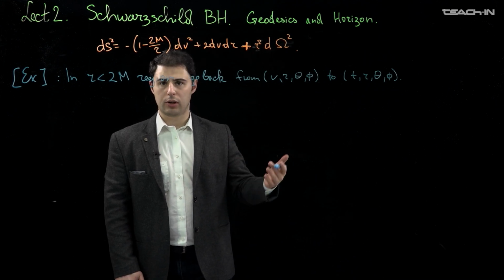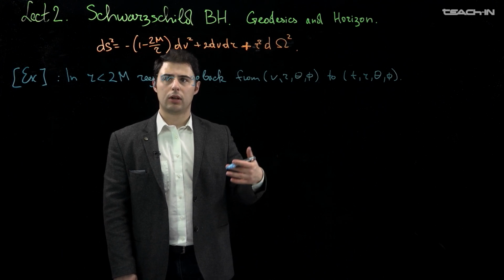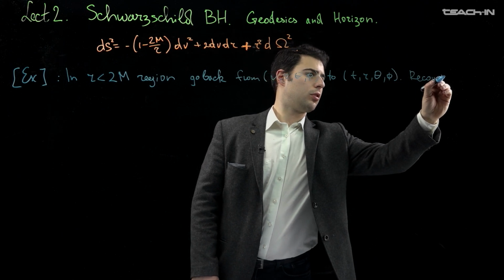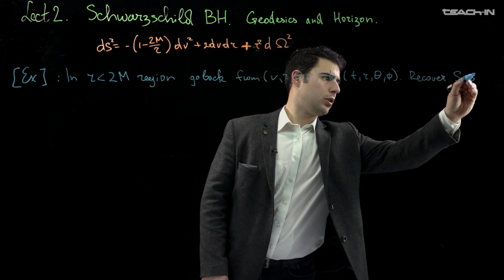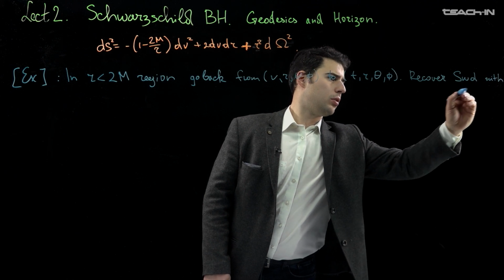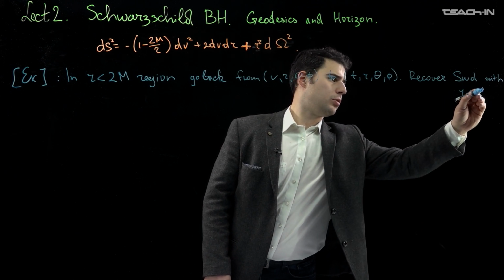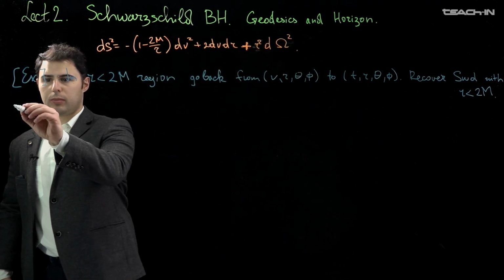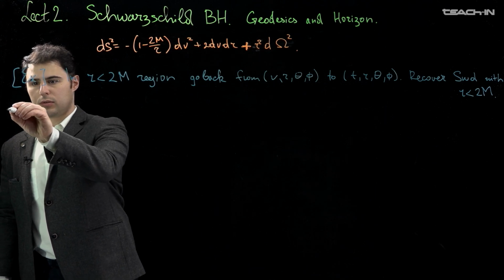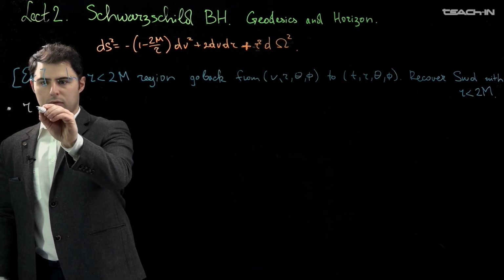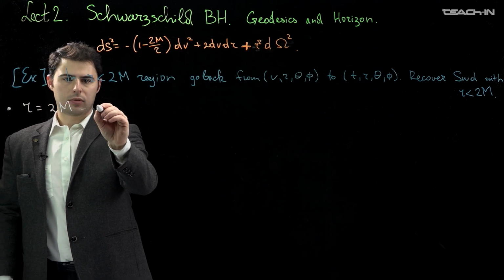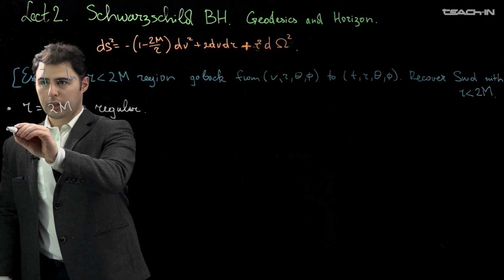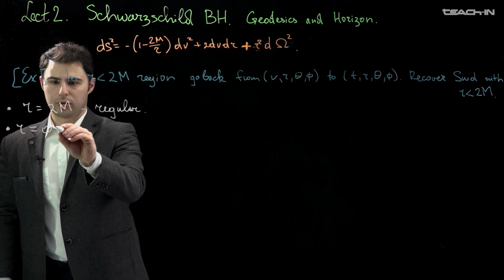But the radius now is less than 2m. So recover Schwarzschild with r less than 2m. Now we have shown that r equals 2m is regular. What happens at r equals 0?